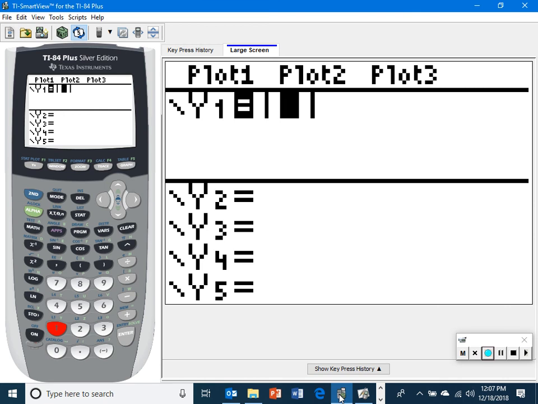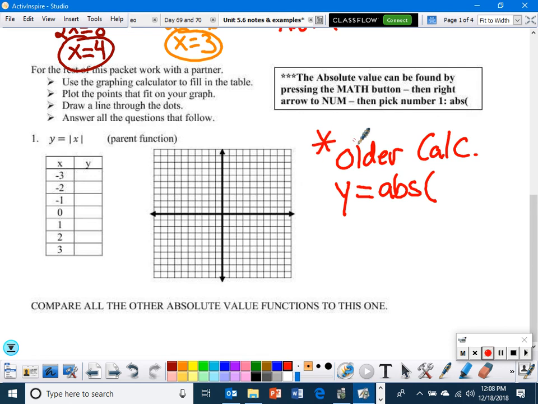So we're going to do the absolute value of x. If you have a new calculator, you just need to put an x and you're done. If you have the old calculator, you're going to type the x, and then you need to close the parenthesis.